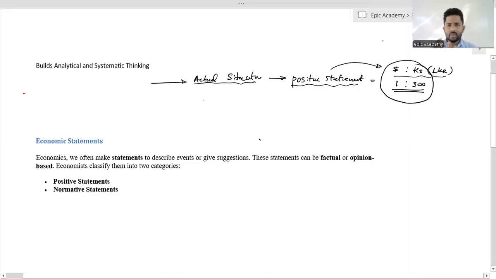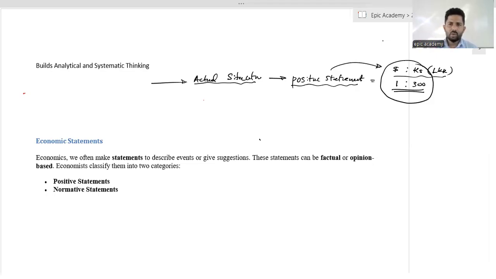A positive statement always describes the actual activities, the actual scenario of the economy. So it is not the opinion of one kind of person. It's not an opinion of my mind. That is what happened in the Sri Lankan economy. I describe it, so then it must belong to the positive statement. So actual situation, what happened, what is happening, what will happen, each and everything must be included in the positive statement.